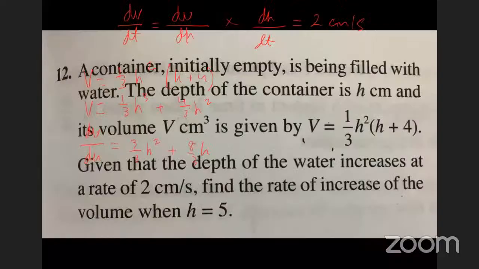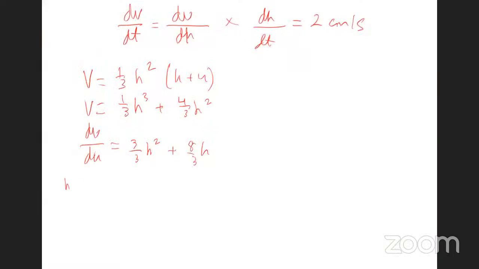The question said they wanted when h is 5. So substitute h is 5. So dV/dh is equal to h squared, which is 5 squared plus 8/3 by 5.